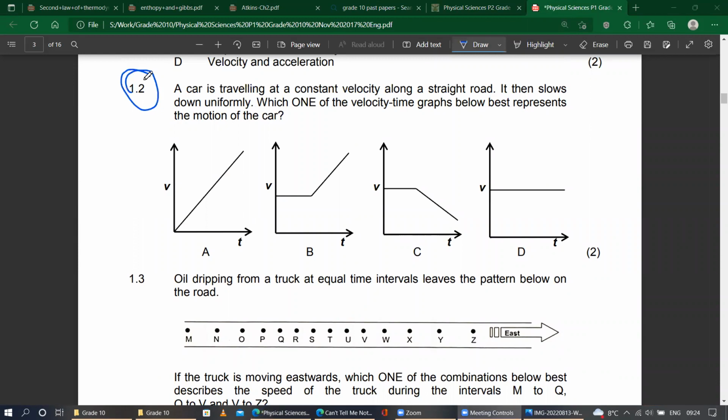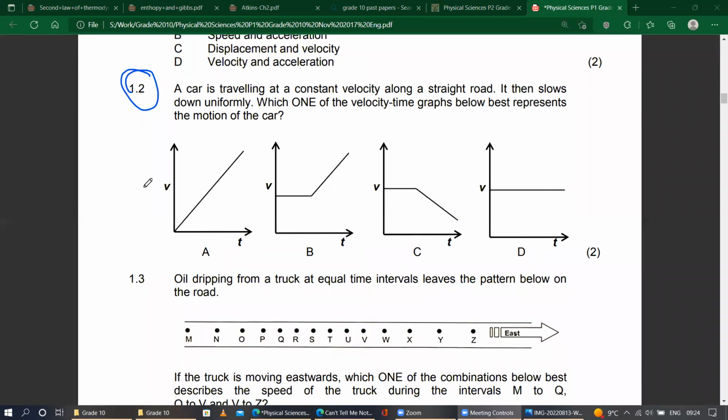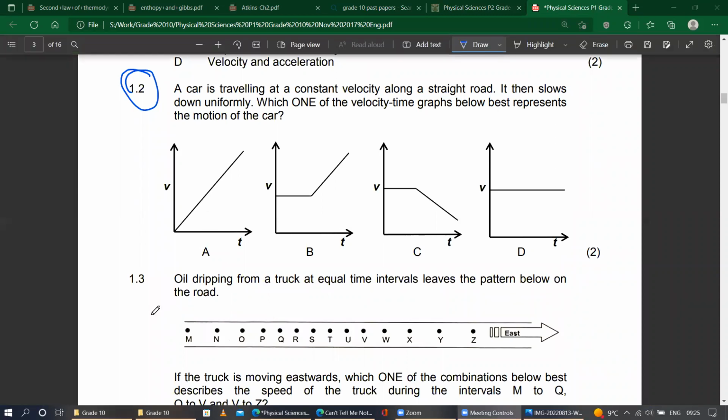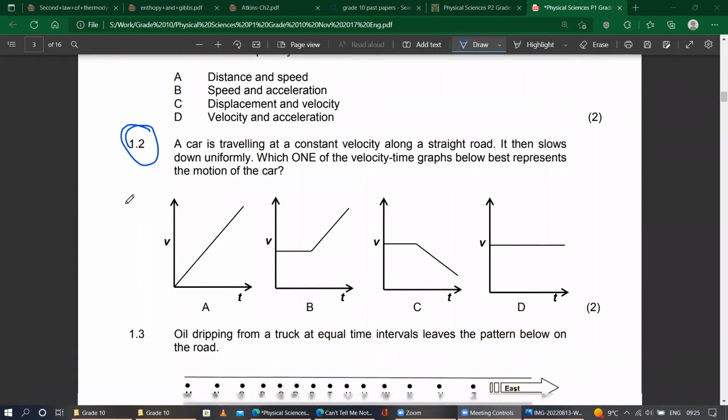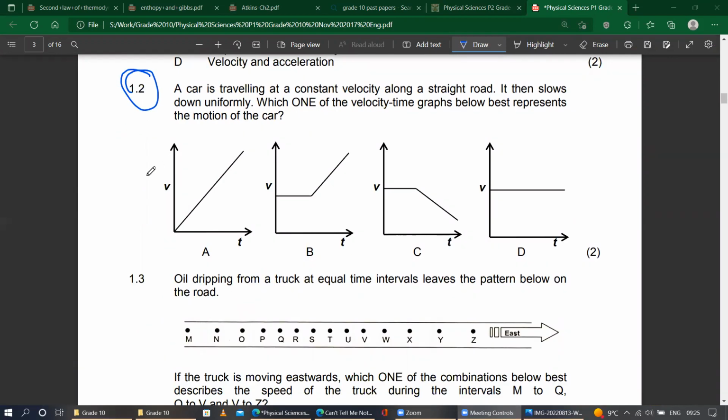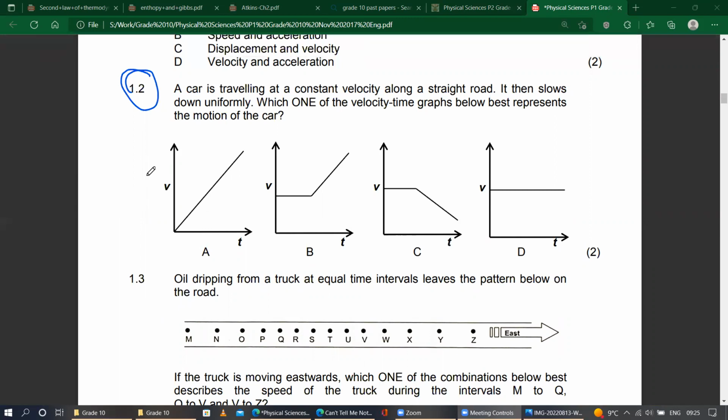Velocity to time. Yeah, this is the velocity to time graph. Like question 1.2. Can we start with this one, or are you still busy?